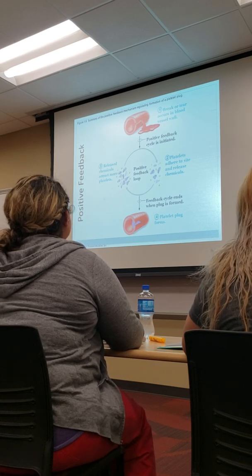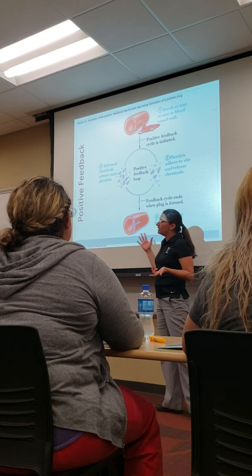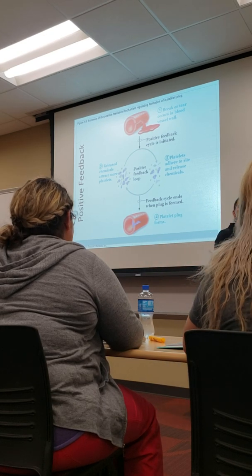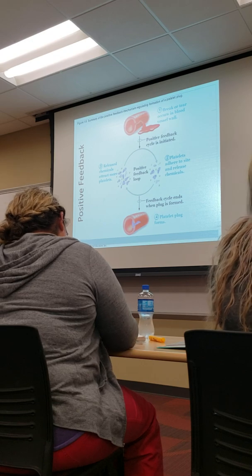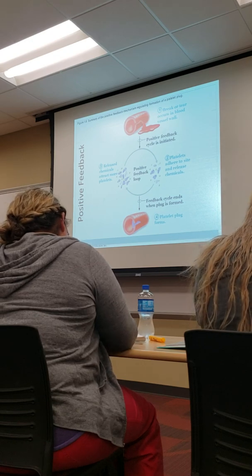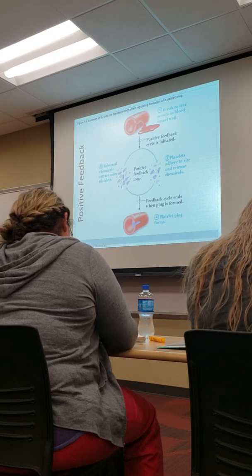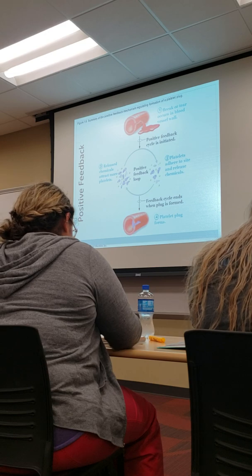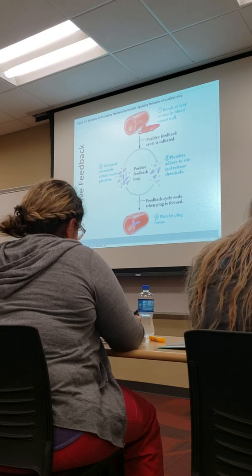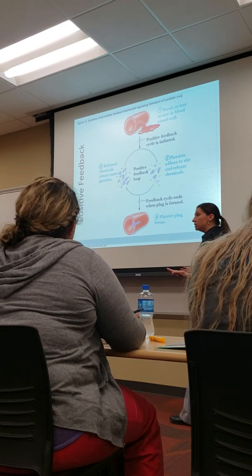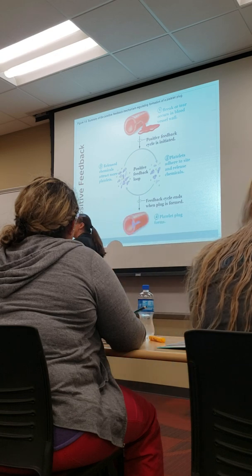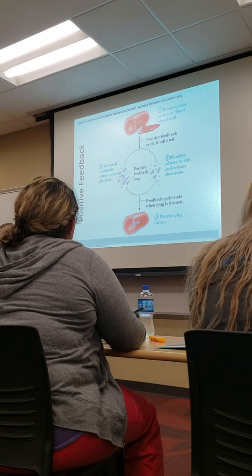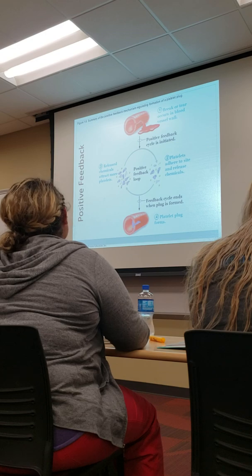The other one that's positive feedback is if you cut yourself and you start bleeding. We're going to talk about tissue response, but one of the first things that happens is you have a bunch of mast cells that start releasing histamine, and that is going to cause inflammation, and that's going to attract all these white blood cells in, as well as platelets, right?